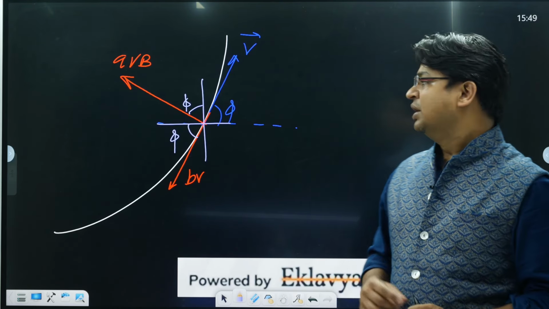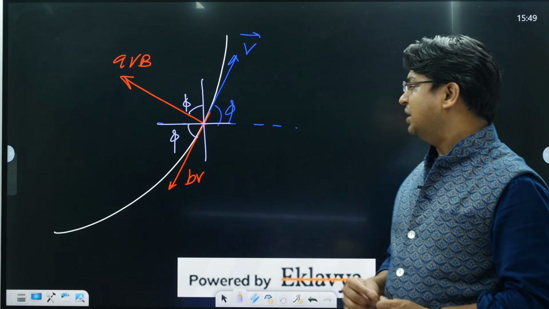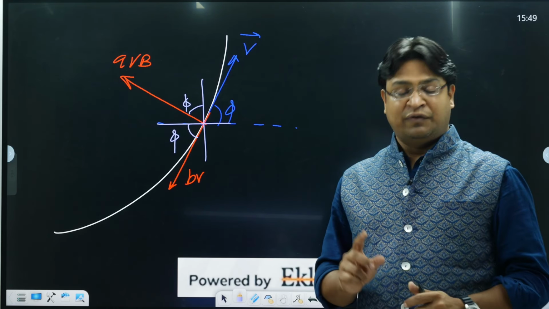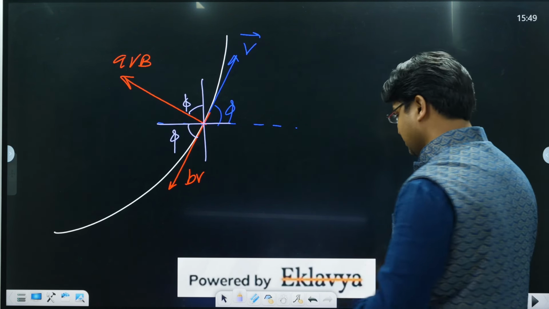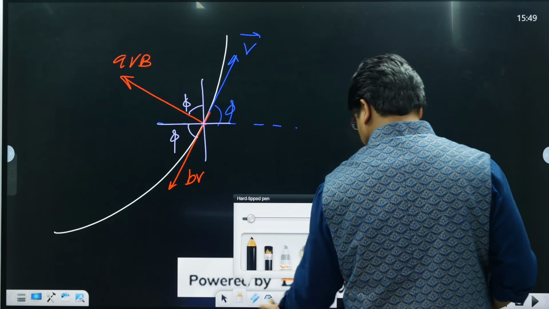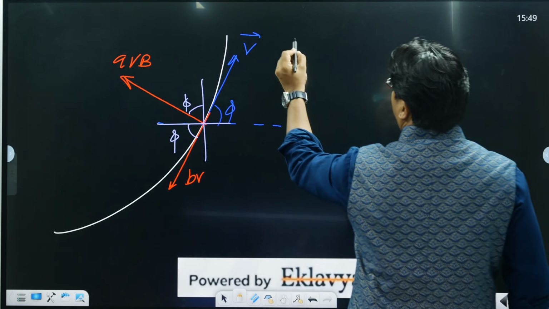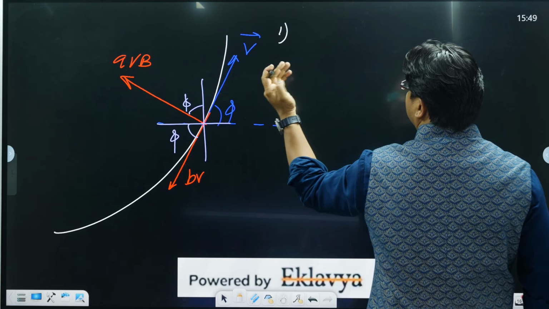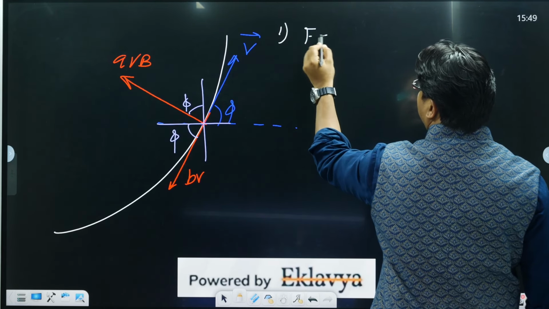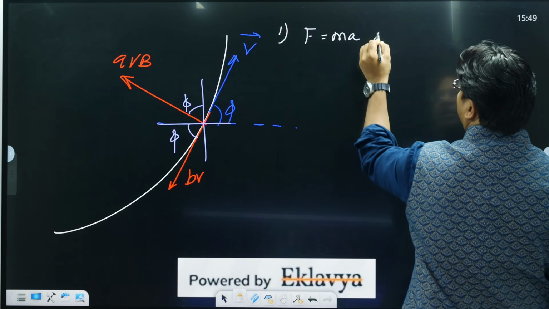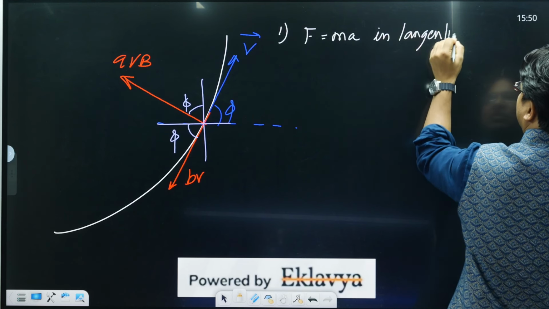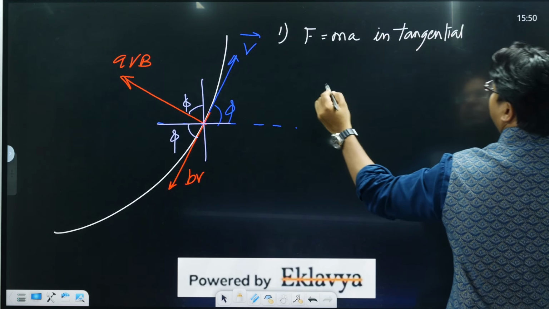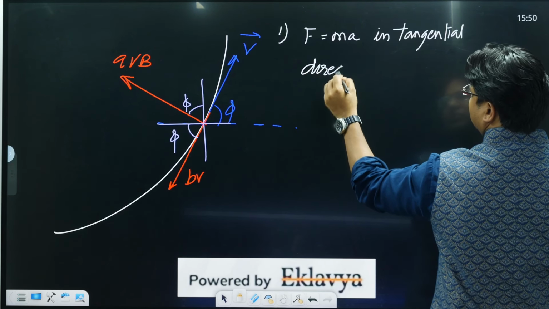Now the first thing that I'm planning to do is write the force equation, that is Newton's second law, F equal to ma, in tangential direction. Let's see what it gives us. That means parallel to velocity.